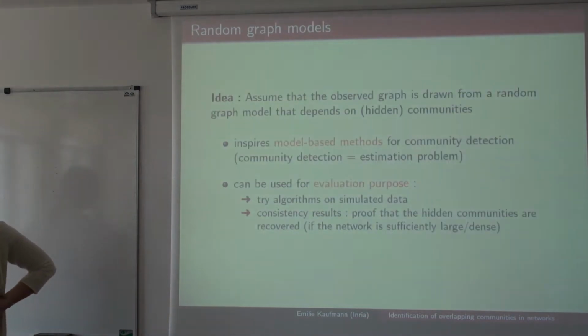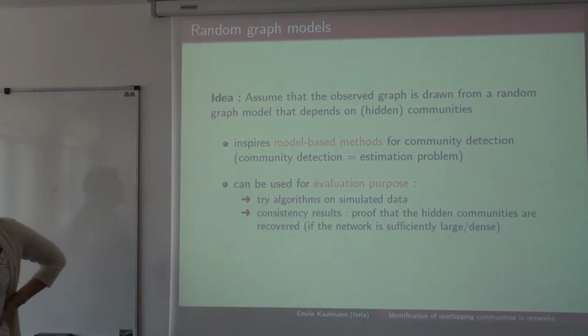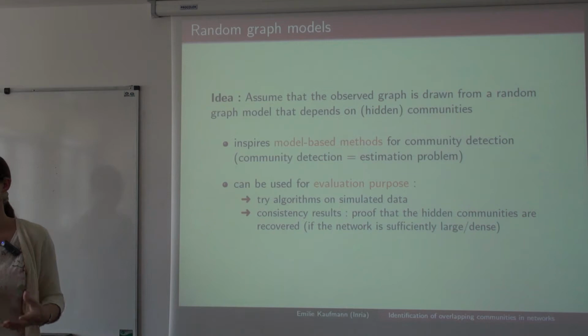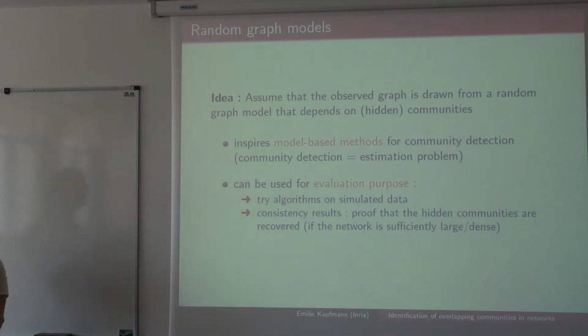In this talk, I will rely a lot on random graph models. The idea is to assume that the network that you observe, and in which you want to find overlapping communities, is drawn from some random graph model that relies on some hidden communities.